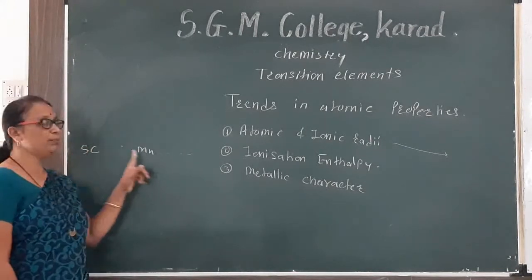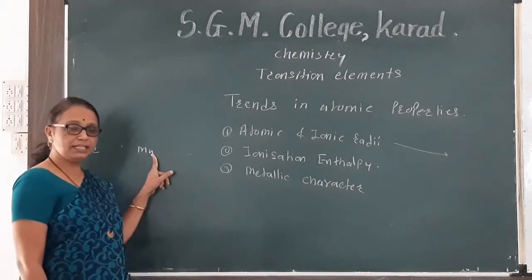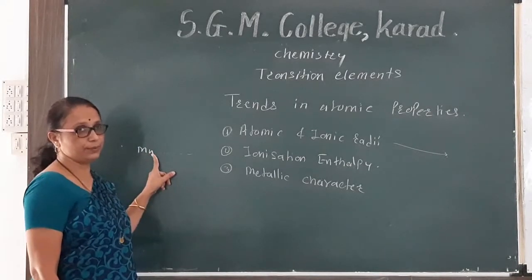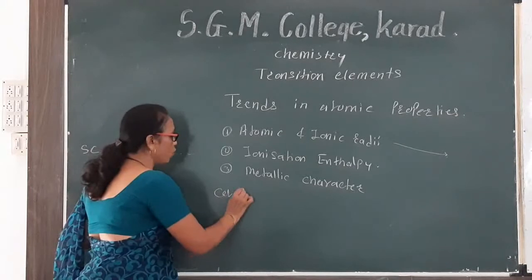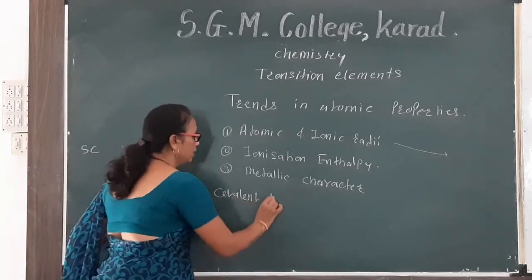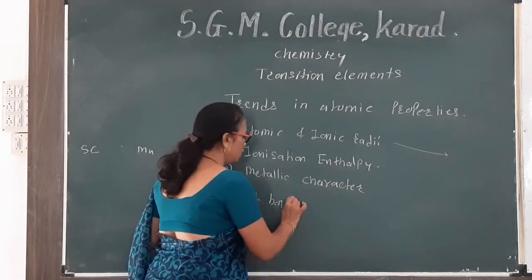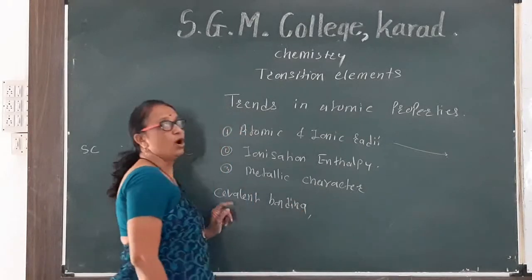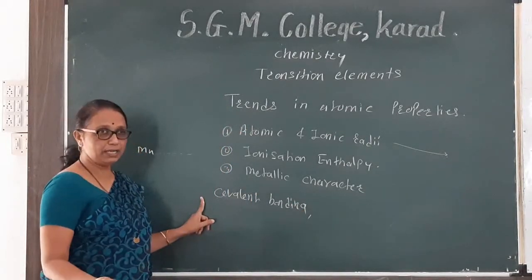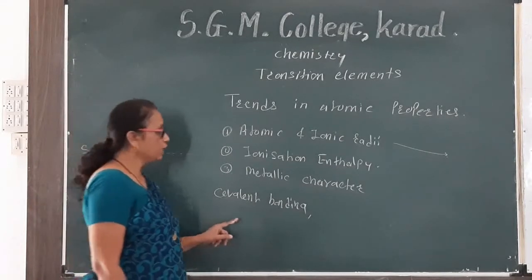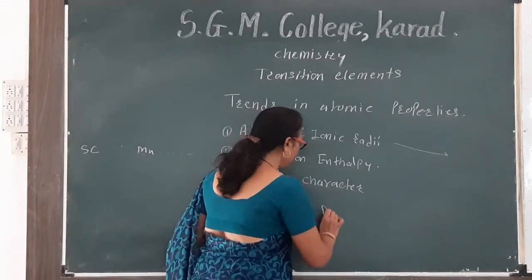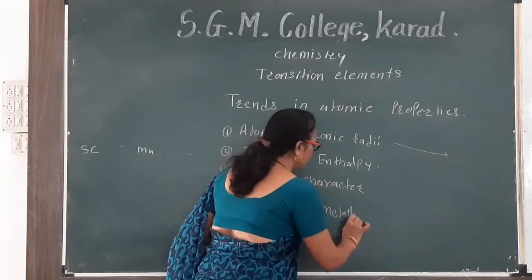As the number of unpaired electrons increases in 3d orbitals, the possibility of covalent bonding in atoms also increases. The more unpaired electrons, the more covalent bonds, and the stronger the metallic bond also.